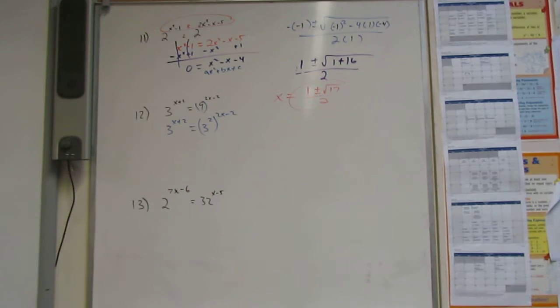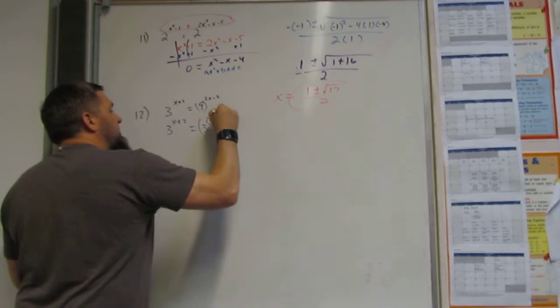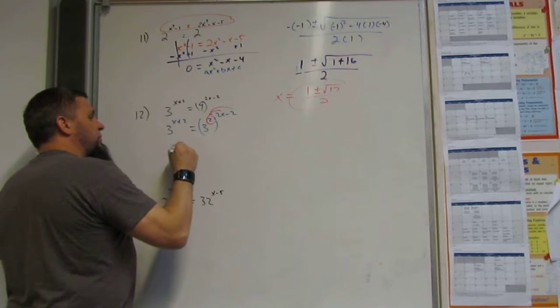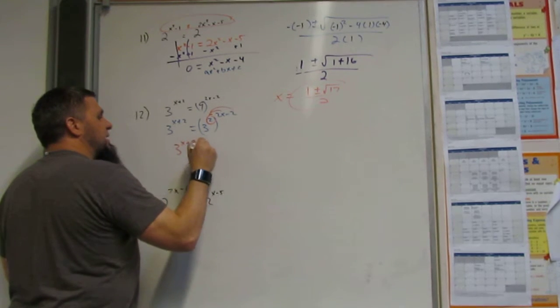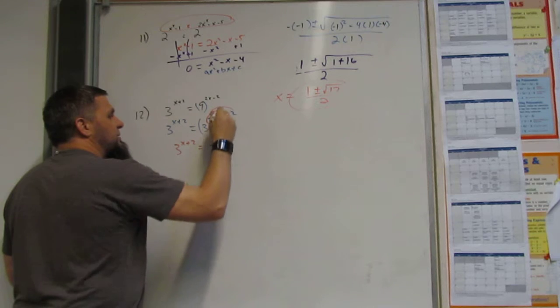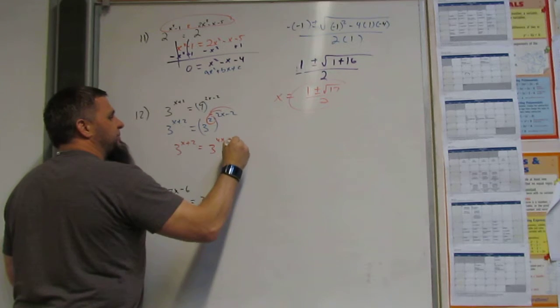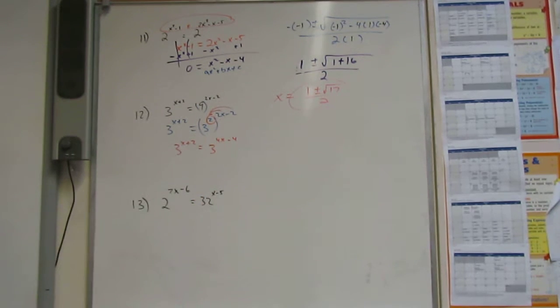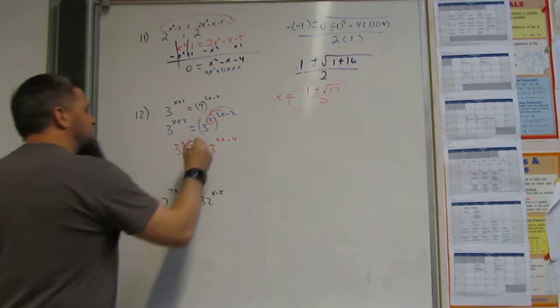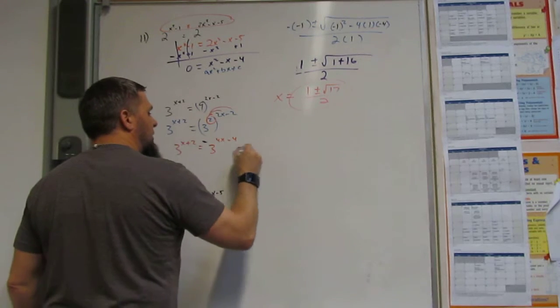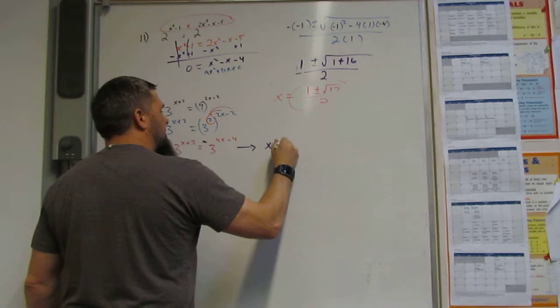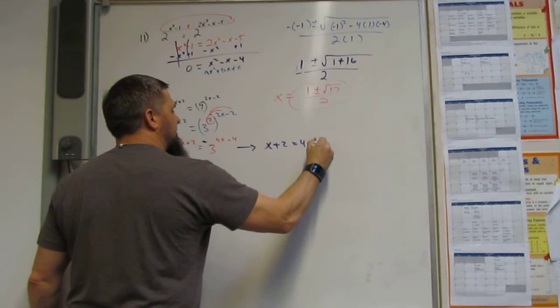And now, everybody on the block gets the paper. So 3 to the x plus 2 is equal to 3 to the 4x minus 4. Then I set these equal to each other and bring it on over. X plus 2 is equal to 4x minus 4.